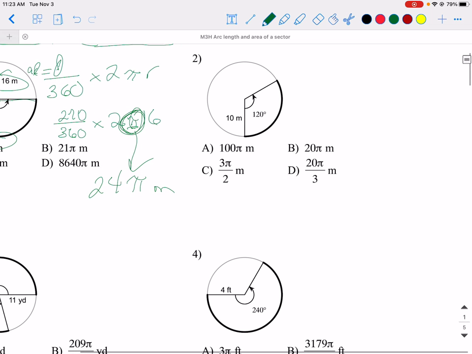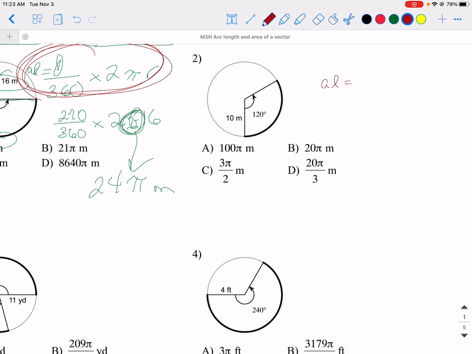Okay, so again I'm using the same formula as I did over here. I'm using my arc length and I have my degrees. So my arc length is 270 divided by 360, I'm finding this arc length here, times 2 pi r.